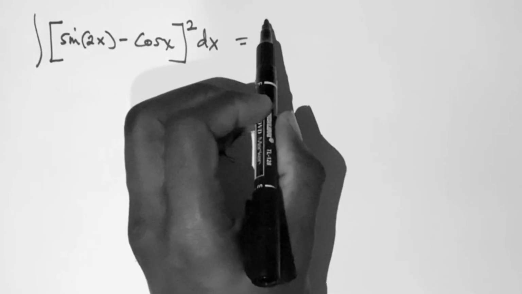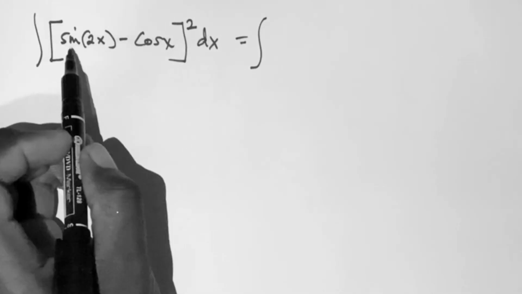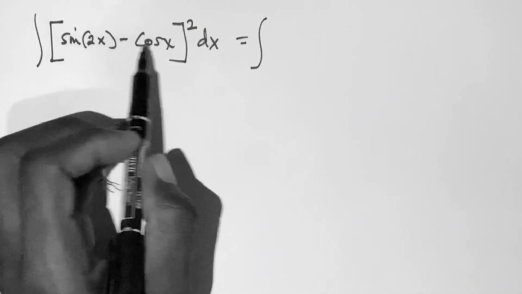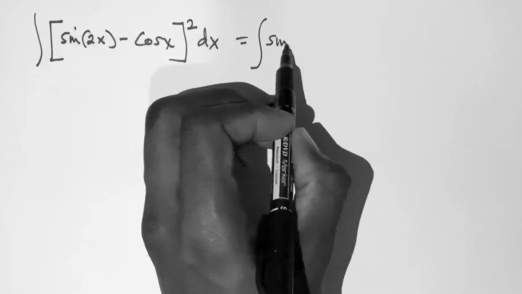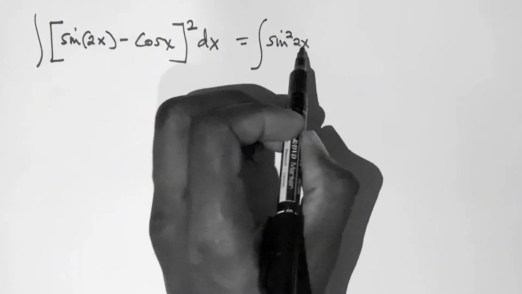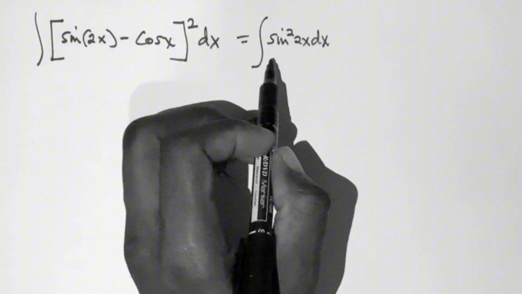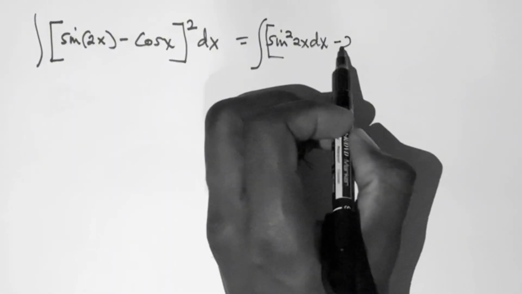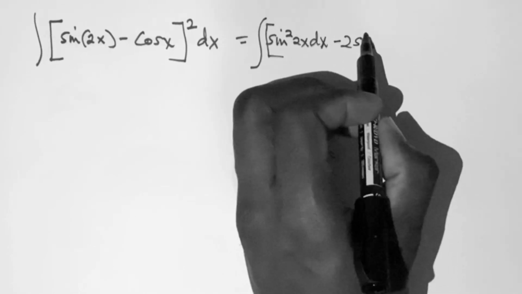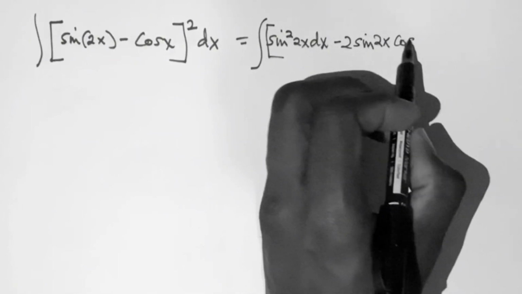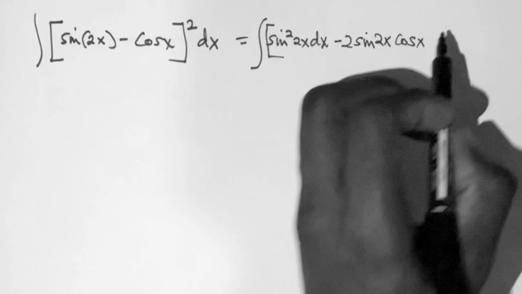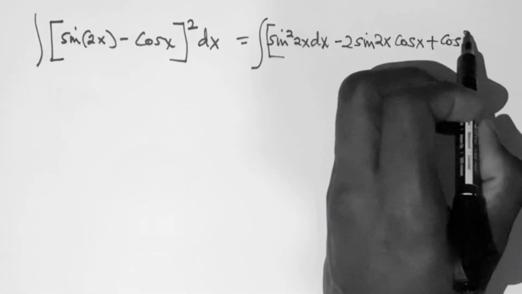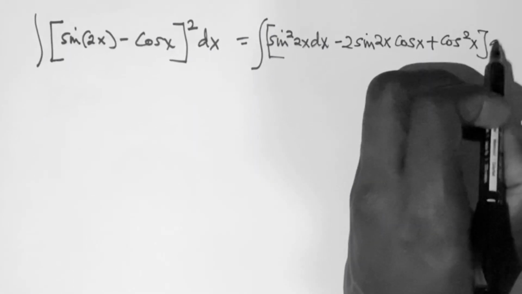So this is equal to the integral of, if you expand this, sine squared 2x dx, and then minus 2 sine 2x cos x, and then plus cos squared x, bracket close, dx.